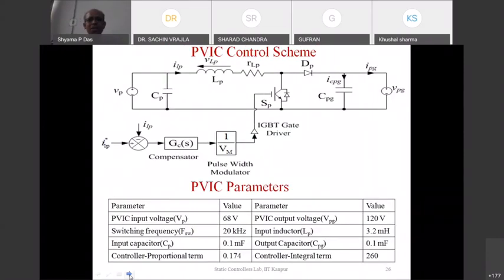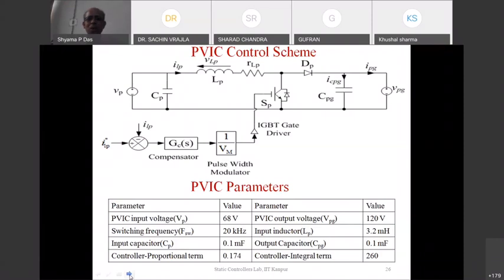So these are the various parameters. The input side voltage is 68 volt. The output side voltage here is 120 volt. The switching frequency is 20 kilohertz, which is all right because this is beyond the audible range. The input side capacitance here, CP, is 0.1 millifarad or 100 microfarad. We have the various gains, which are shown here.